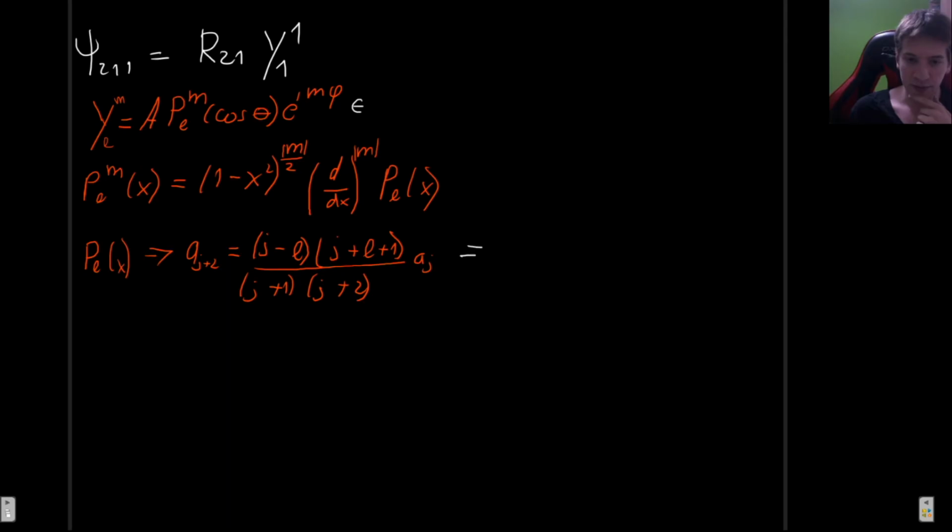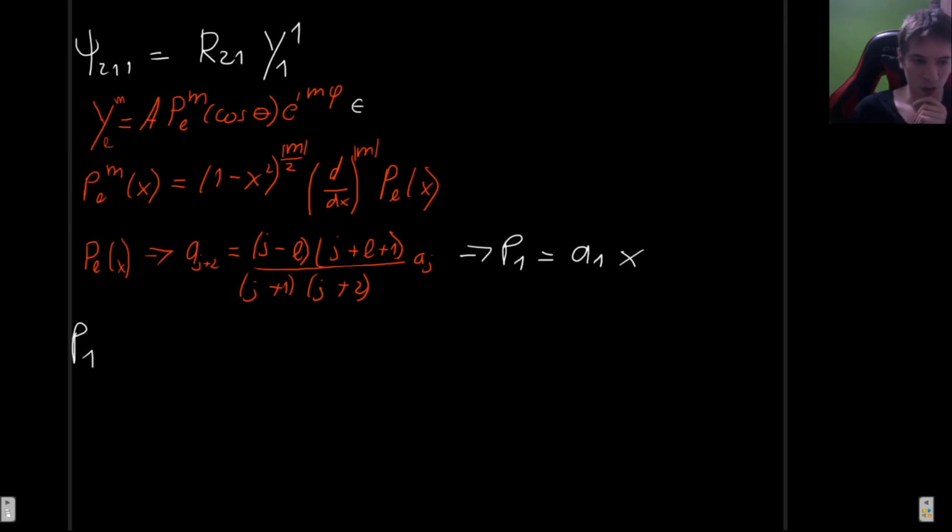We already found it. The Legendre polynomial, when L is equal to 1, is simply some constant times cosine theta. That's what we found before. Well, technically it's times x. The cosine theta is when we already applied it, but first we still have to see what happens in this step right here.